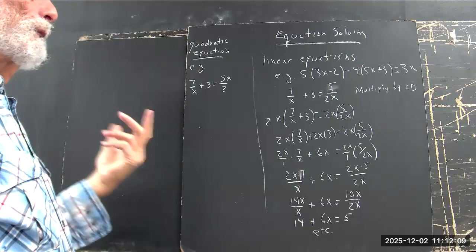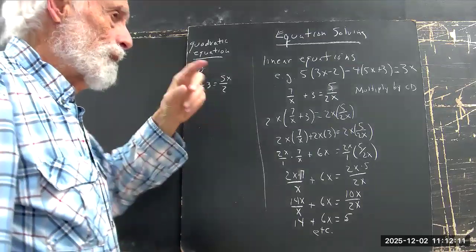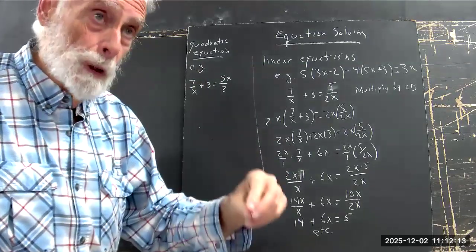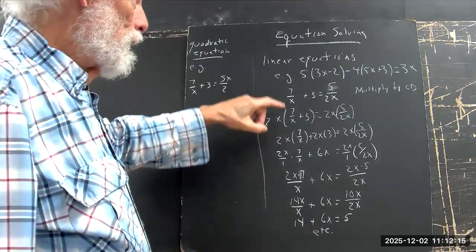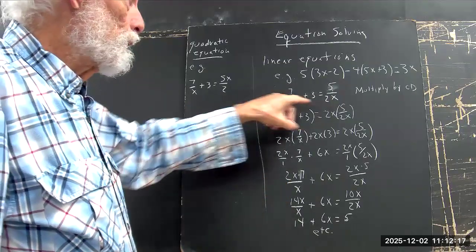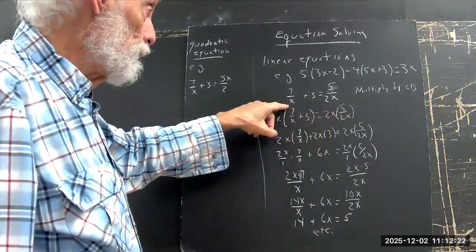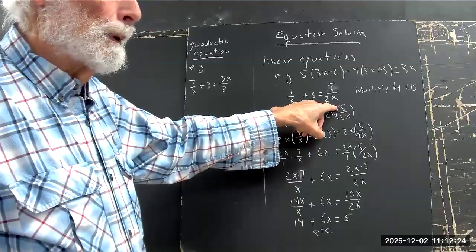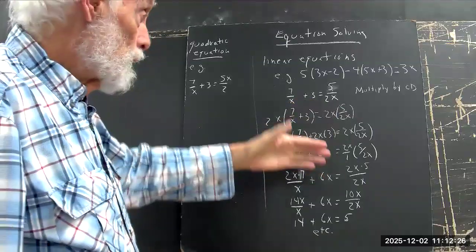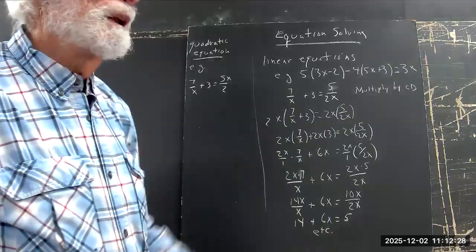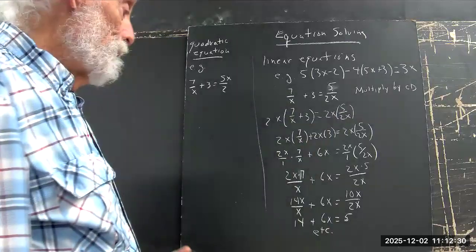Okay, now one thing I'll say before we go on, and Open Math has told you this, and you want to make note of it, that x equals 0 is excluded from solutions of this equation, because if x equals 0, you have zeros in the denominator, so that the equation is meaningless. Okay?